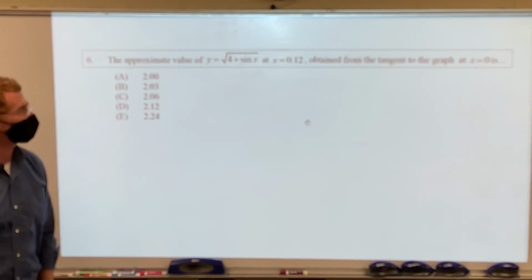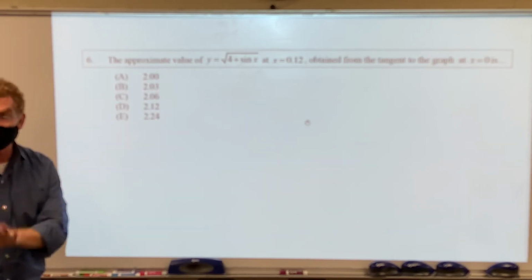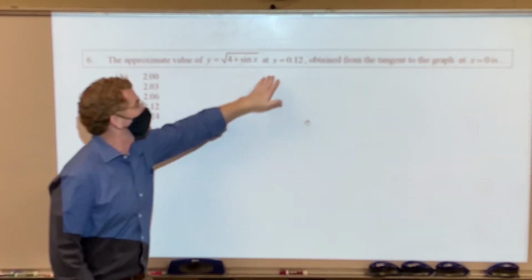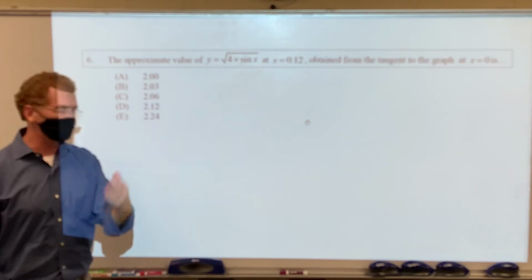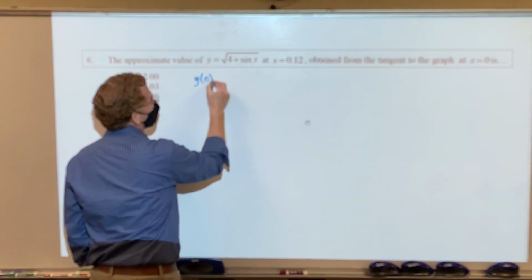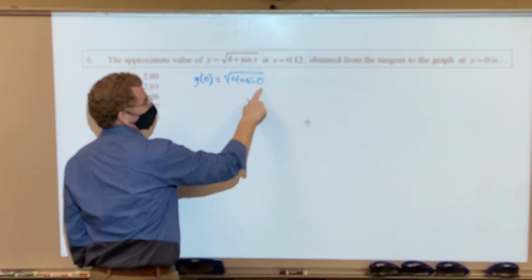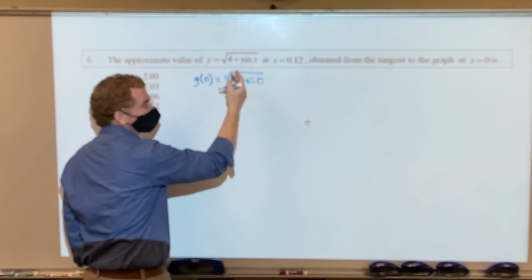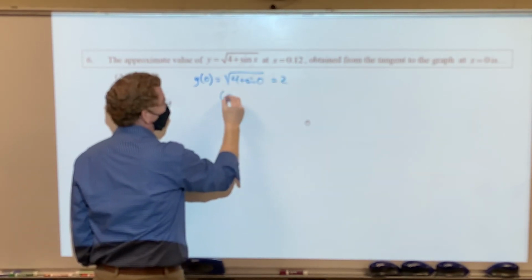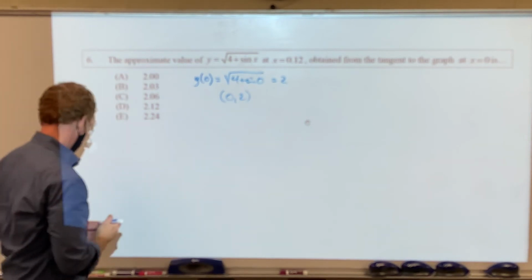What number can you plug in there nicely that gives you a nice clean answer and is also really close to 0.12? 0. So if I plug in 0, y of 0 is the square root of 4 plus sine 0. Sine of 0 is 0, 0 plus 4 is 4, square root of 4 is 2. So there's my point.